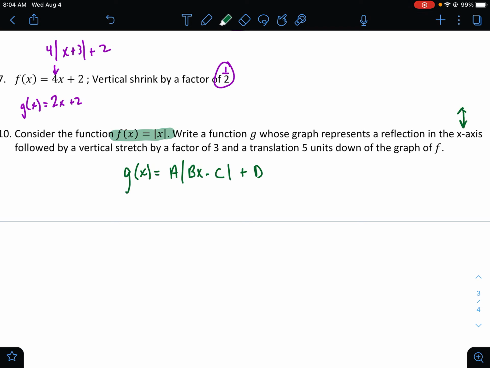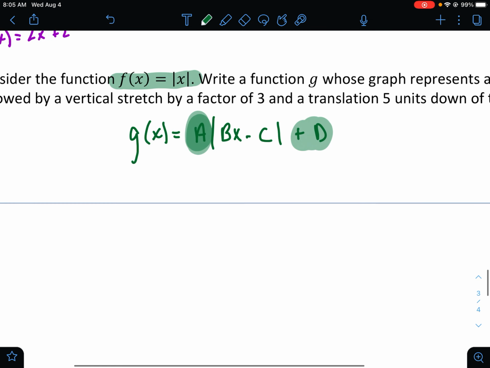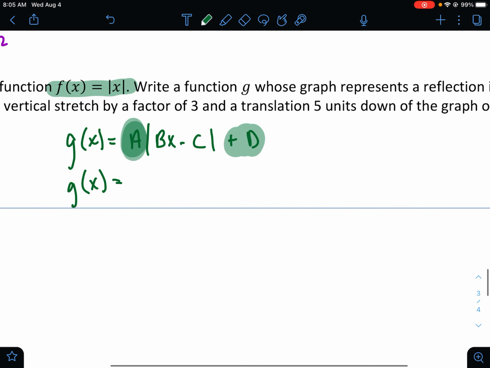So I know that I'm going to affect this one right here, followed by a vertical stretch by a factor of 3. I'm going to do this one again. And a translation of 5 units down. So 5 units down is D. So it looks like I don't have a B and a C, so I don't have to worry about that. But I do have multiple things done to A.